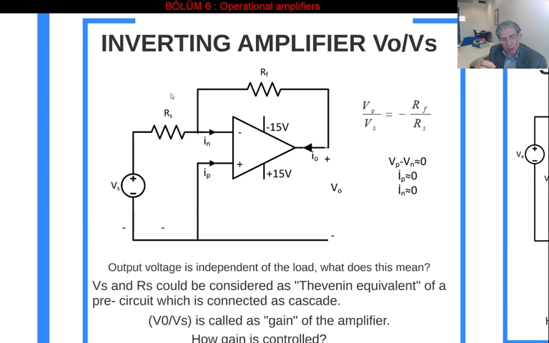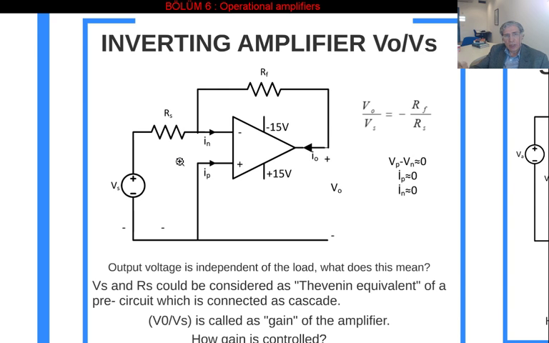Cascade connection means if circuit A output is connected to circuit B input, we call these 2 circuits connected in cascade. So you might consider this is the first cascade circuit, the Thevenin equivalent of this circuit.